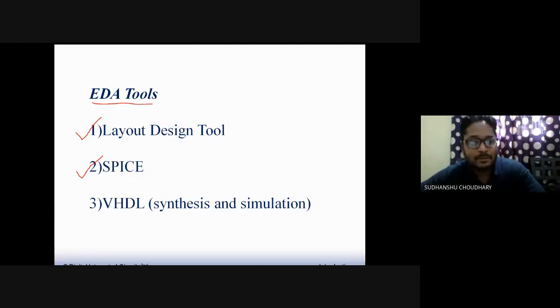So the aim of this SPICE would be, as I said, that you have to perform the circuit level simulations, and from this layout design tool, you will extract the parasitics of your circuit. So whatever circuit you design, and then you draw the layout of that circuit, and that layout obviously contains wires and transistors, right?